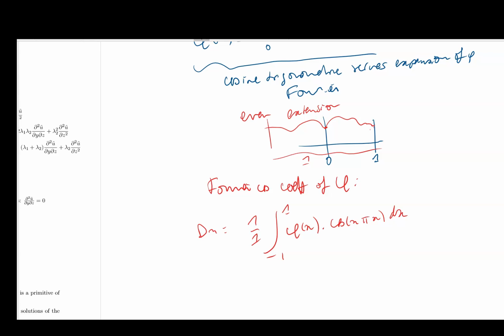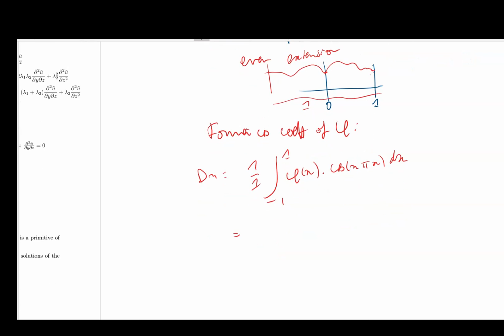And then we just use the fact that this is a product of two even functions, so that's making an even function. And we do the same small simplification as before. It's just going to be 2 times the integral between 0 and 1 of phi of x cos n pi x dx.